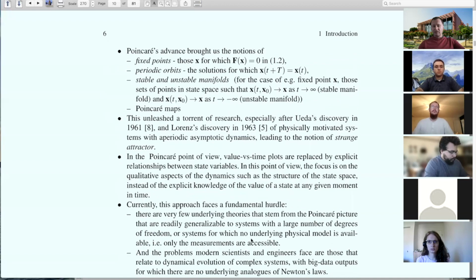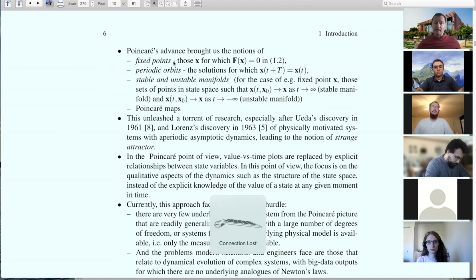So what are the concepts that we learned from this advance? Well, one of them was that very special solutions of our vector fields are meaningful to study and carry a lot of information about the system itself. So for example, if you find the points for which f of x is equal to 0 for our system of ordinary differential equations, then you get fixed points, and fixed points are important.